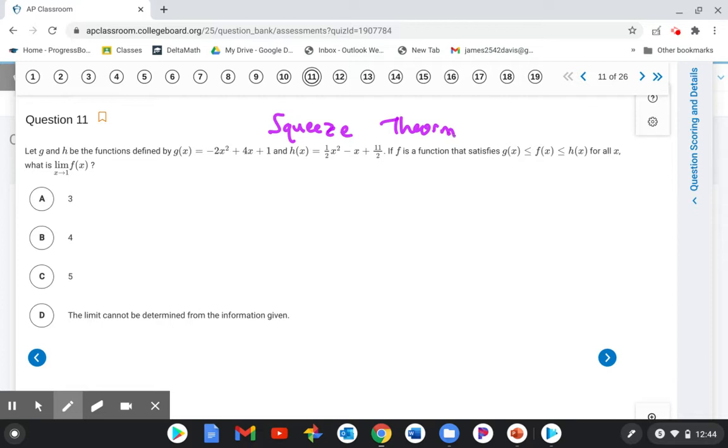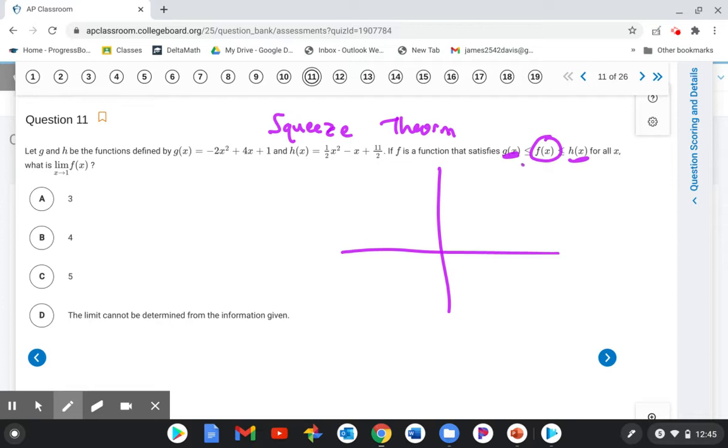What's going to be happening here is these are two functions that are going to squeeze in the f function. It says that f of x is squeezed in between these two functions, g of x and h of x. So the squeeze theorem says if a function is in between two functions, and I don't know what these functions look like, but let's say they look like this.